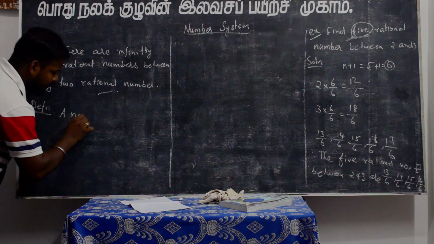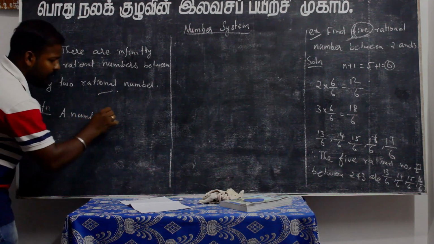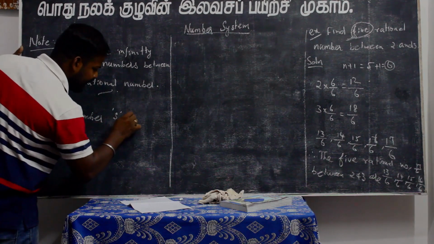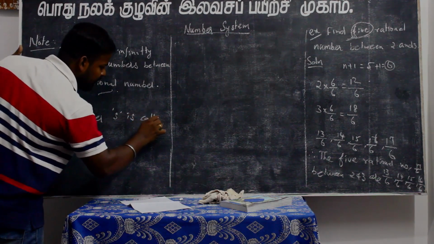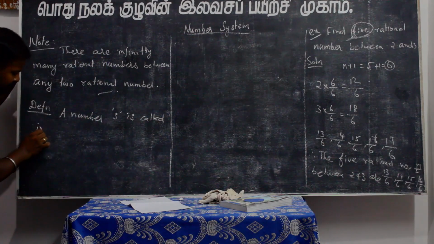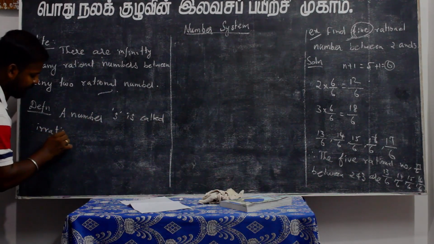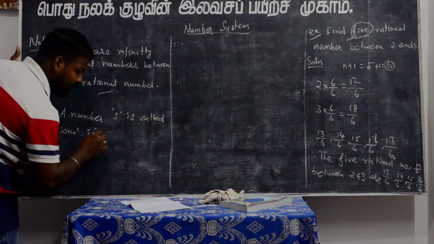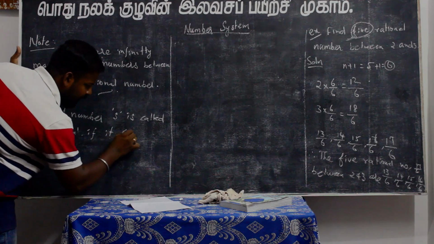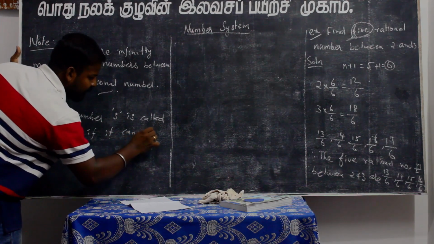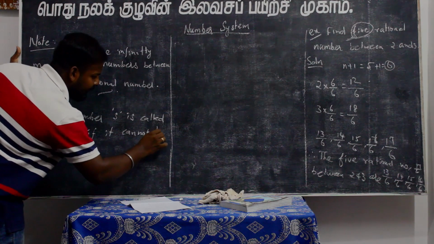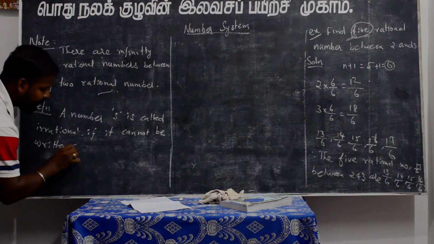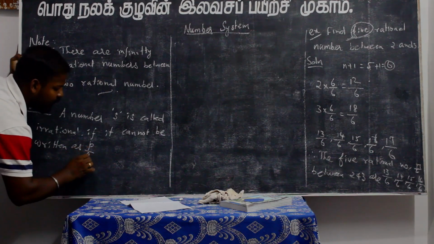A number, denoted by any alphabet, here I am denoting it as S, S is called irrational if it cannot be written in P by Q form.